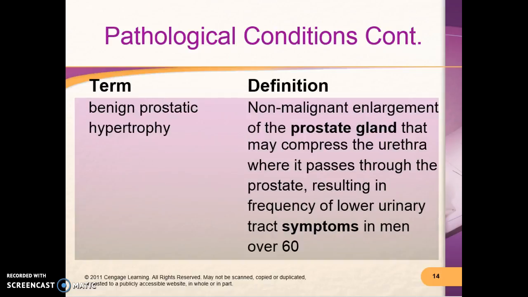Benign prostatic hypertrophy is BPH. This is enlargement of the prostate gland, and it is very common, especially in men over the age of 60. Sometimes it goes along with prostate cancer, but it is sometimes a precursor to prostate cancer, so they want to keep an eye on things like this.